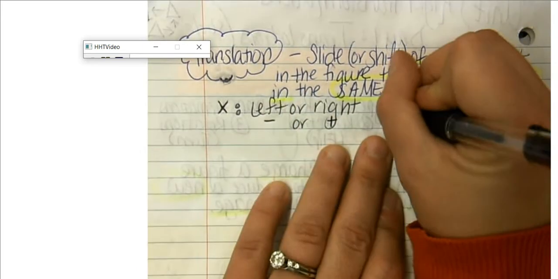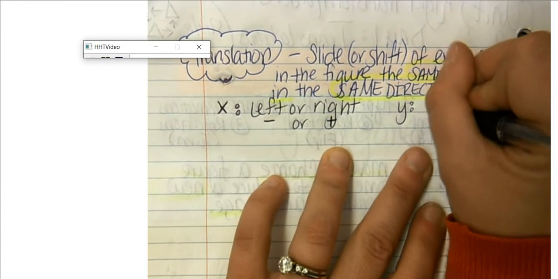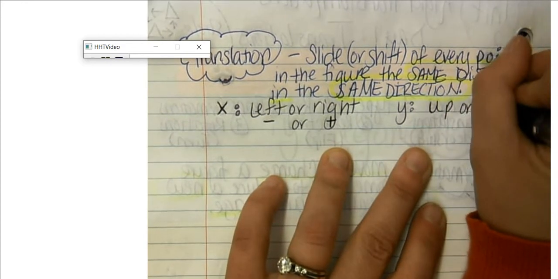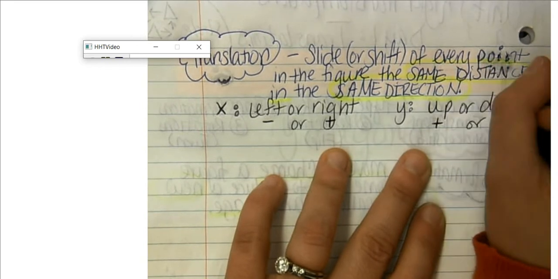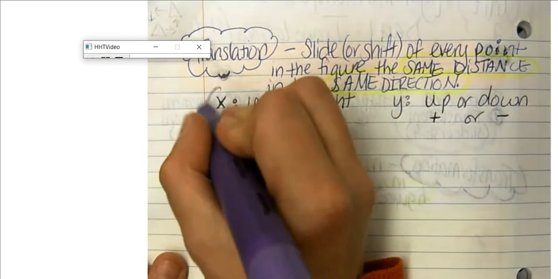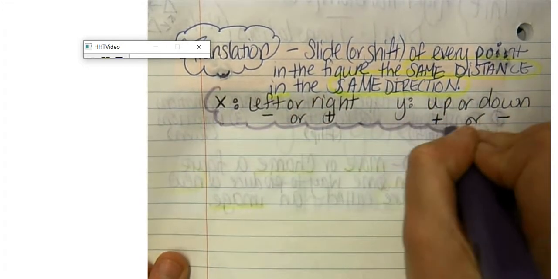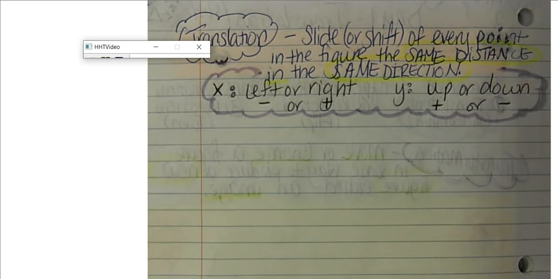And Y values will be moved up or down, depending on if you see an addition sign or a subtraction sign. So please make sure that you study this, because we will be working with X and Y values, since all of our values are going to be in a coordinate plane.